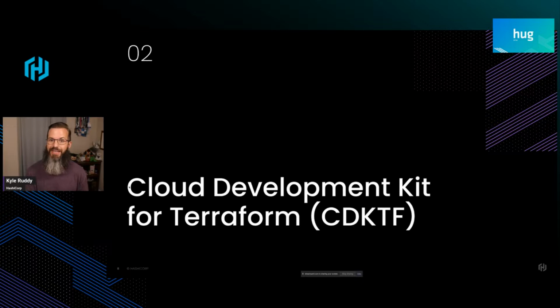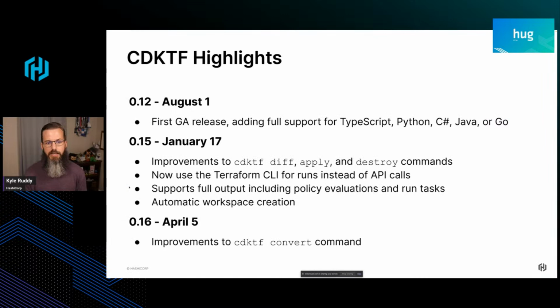This has undergone a lot of changes over the past, I'll go ahead and say, year. This is probably something that you might be more familiar with as CDKTF. In this case, the big major highlight that I would be remiss if I didn't at least mention is the 0.12 release that happened back in August. This was the first GA release for the CDKTF project that added full support for TypeScript, Python, C#, Java, and Go.